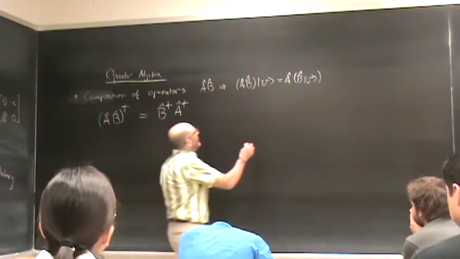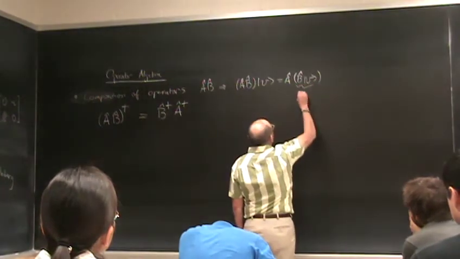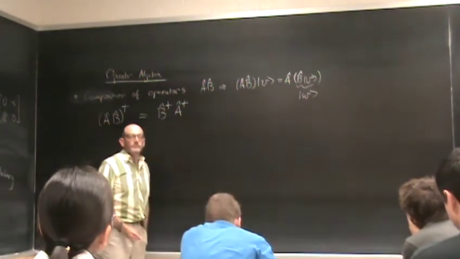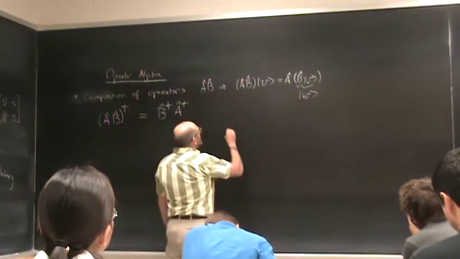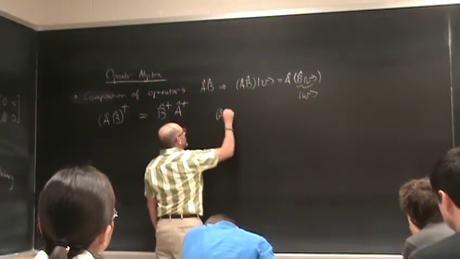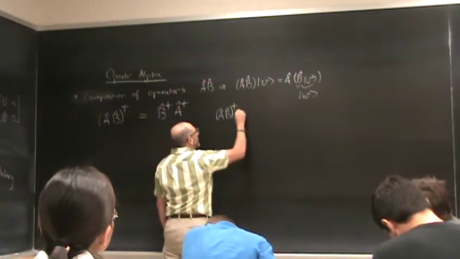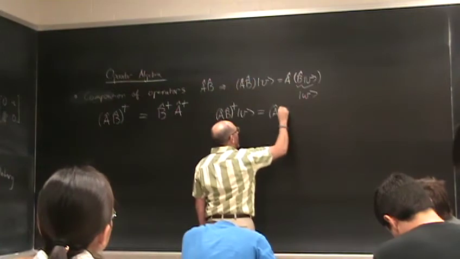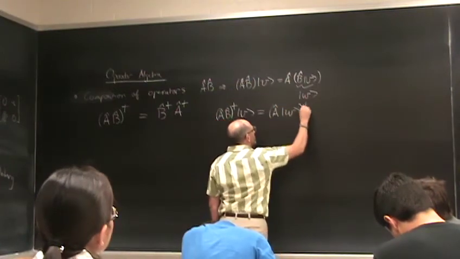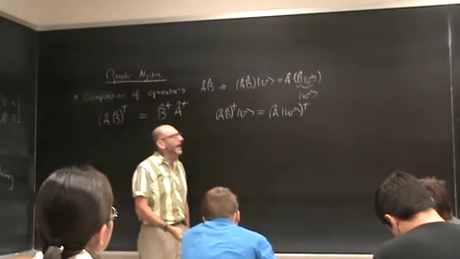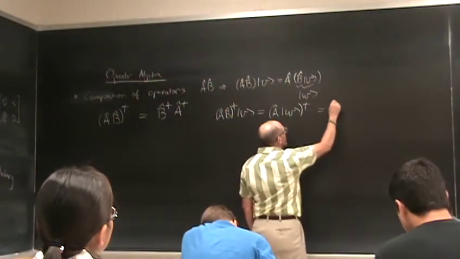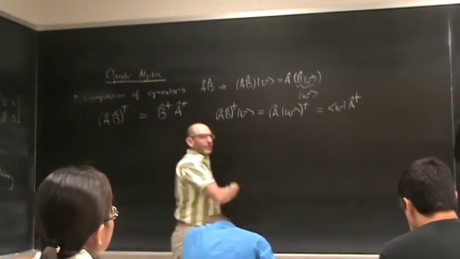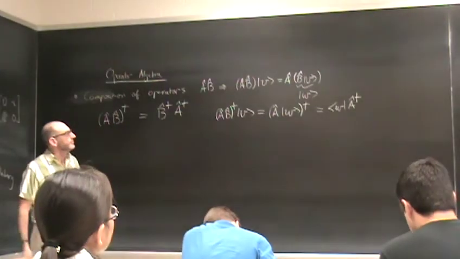Well, let's look at this, and let's call this thing W. So AB adjoint acting on V is the adjoint of A acting on W, and the adjoint of A acting on W is the bra, acting the adjoint that way, by definition.